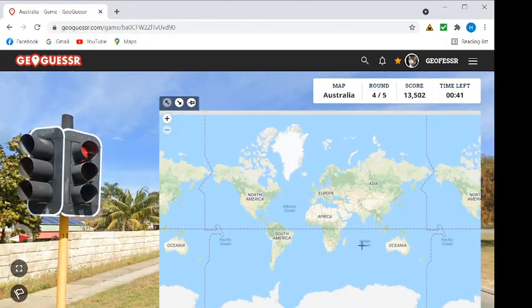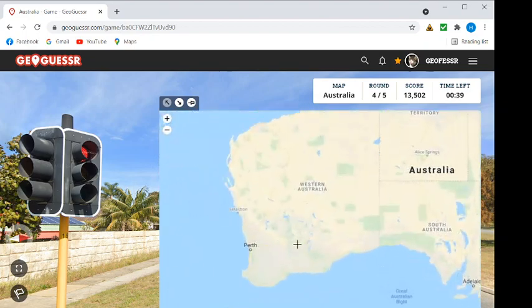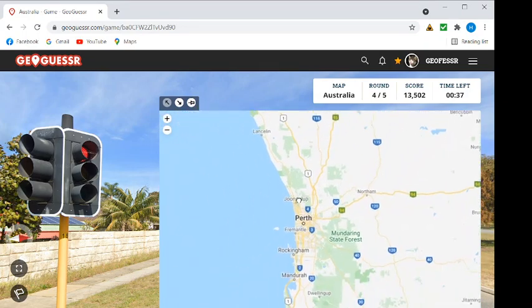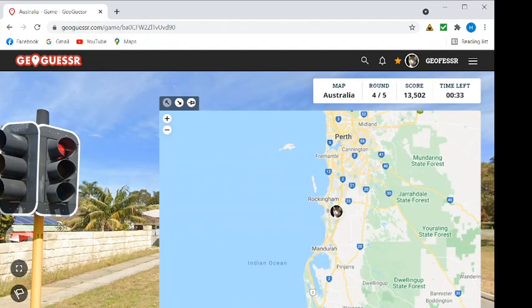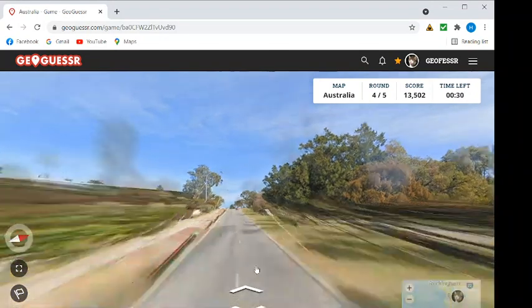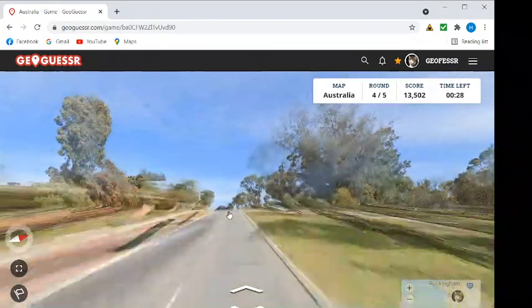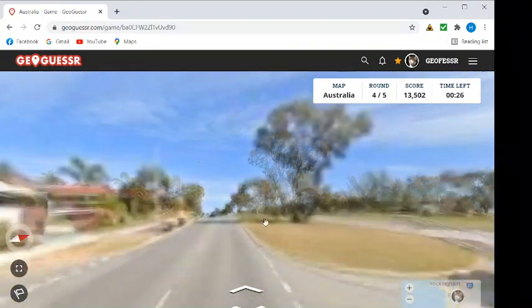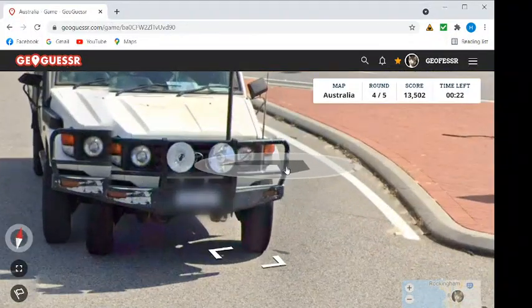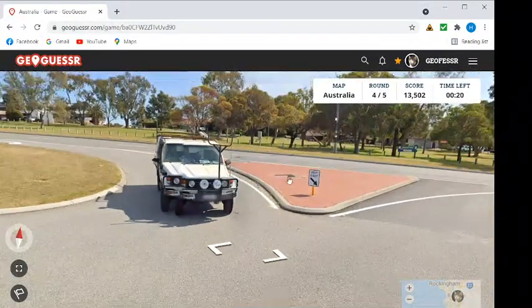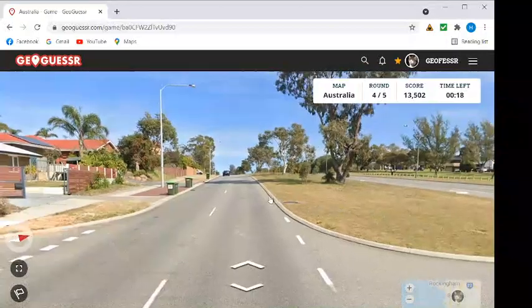Okay, yeah. So I'm thinking Western Australia, relatively close to Perth. Does that have blue on it? Maybe, or maybe not.